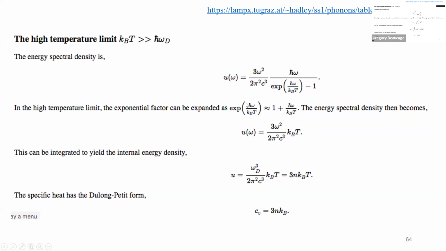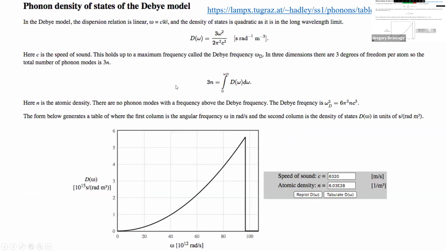If x is really small, you just take the first two terms, 1 plus x. So if you plug that in for the exponential here, the -1 kills the 1, and h nu over h nu cancels, and you just have kBT up here. If you plug that in, you get the quadratic function in frequency, which I think he says in this paper at some point.